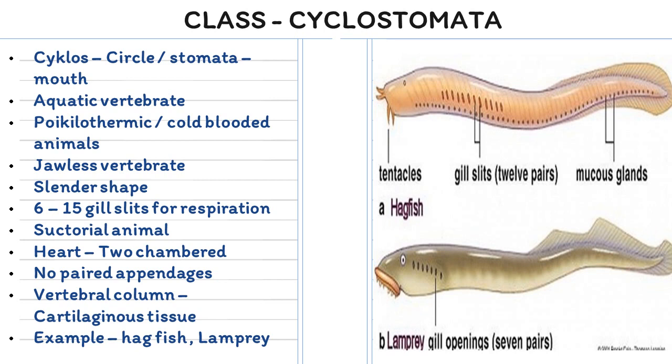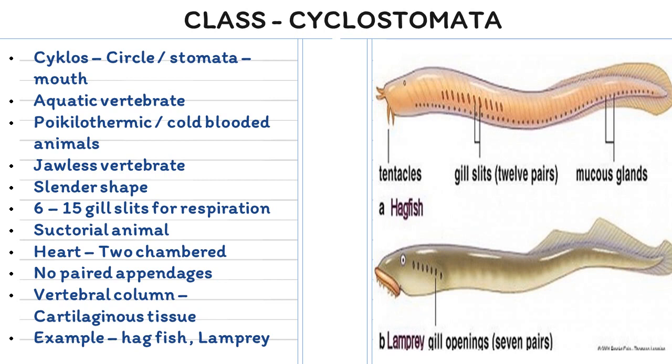It used to suck its food. Then the heart is a two-chambered heart, one auricle as well as one ventricle. Then there are no paired appendages in the body.